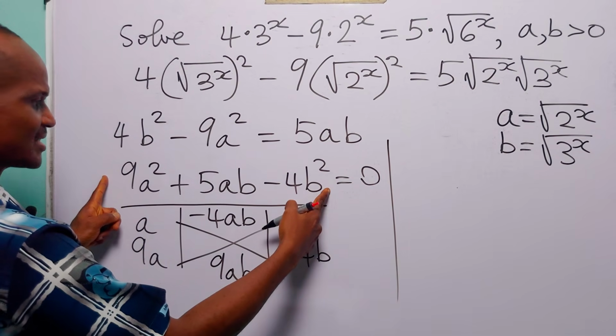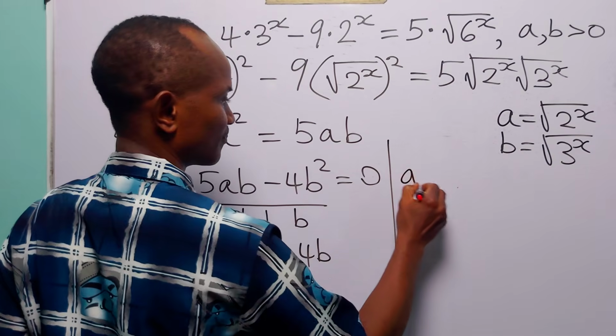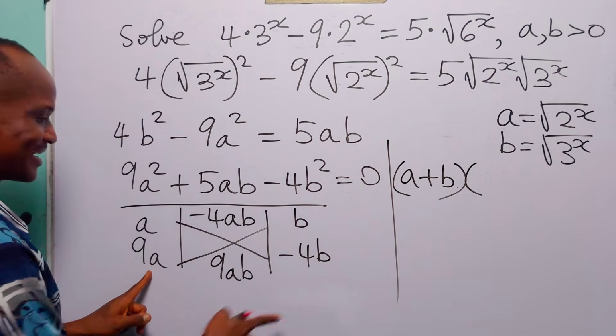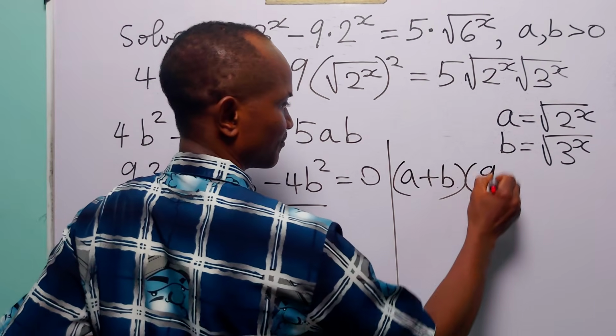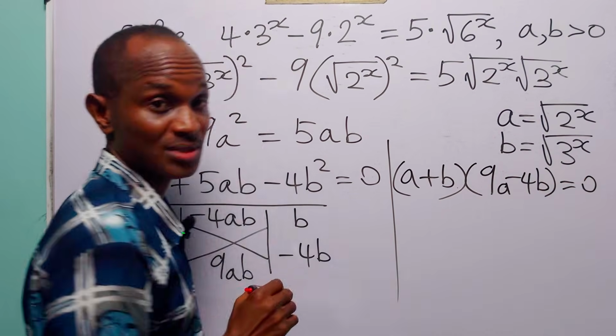So when we factorize the left-hand side of this equation, we have a plus b multiplied by 9a minus 4b is equal to 0.